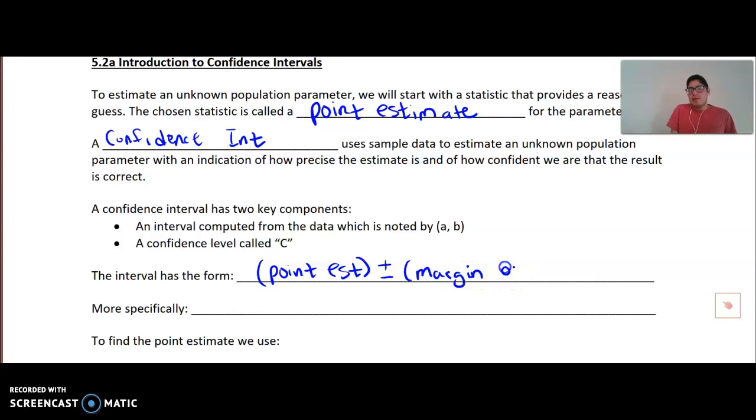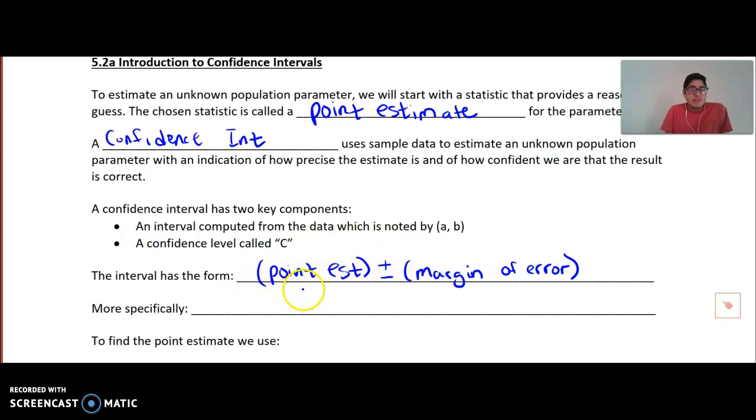So we assume that the point estimate is an unbiased estimator of whatever population parameter we're seeking to answer. And then the margin of error is how close we are, right? Or how precise our estimate is. You've seen this typically in your science courses, and now we're bringing it into math here.